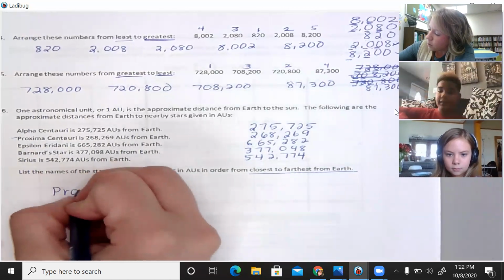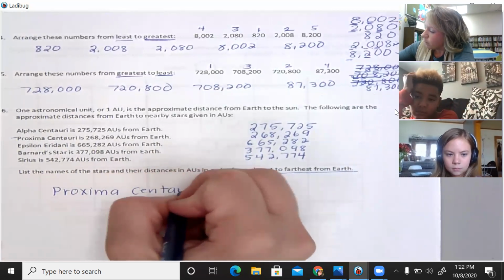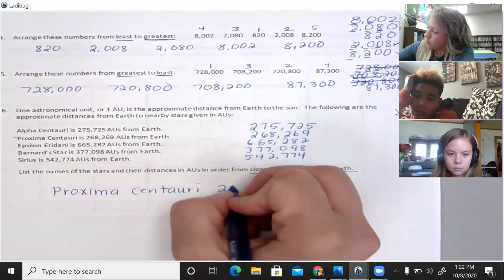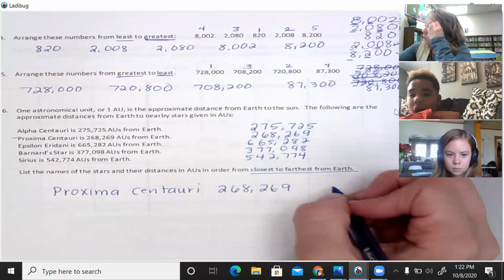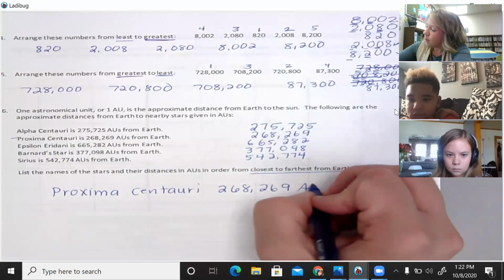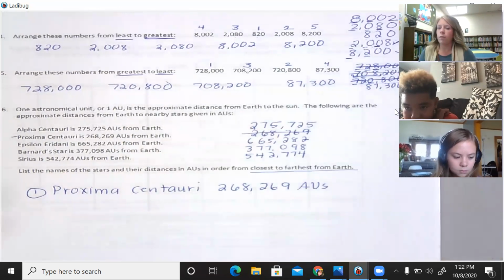Okay, so we have to list the names. So here we're going to put Proxima Centauri, 268,269 AUs. So that's going to be our closest, and I'll cross that one off.